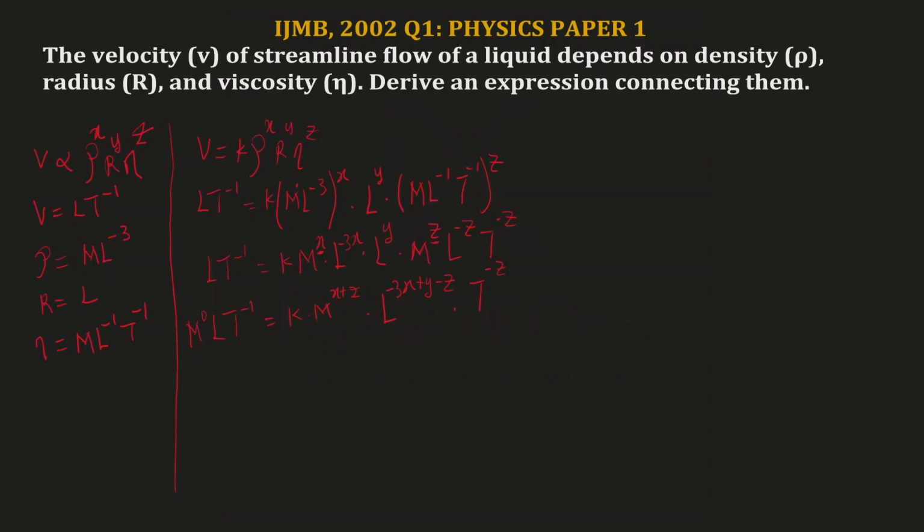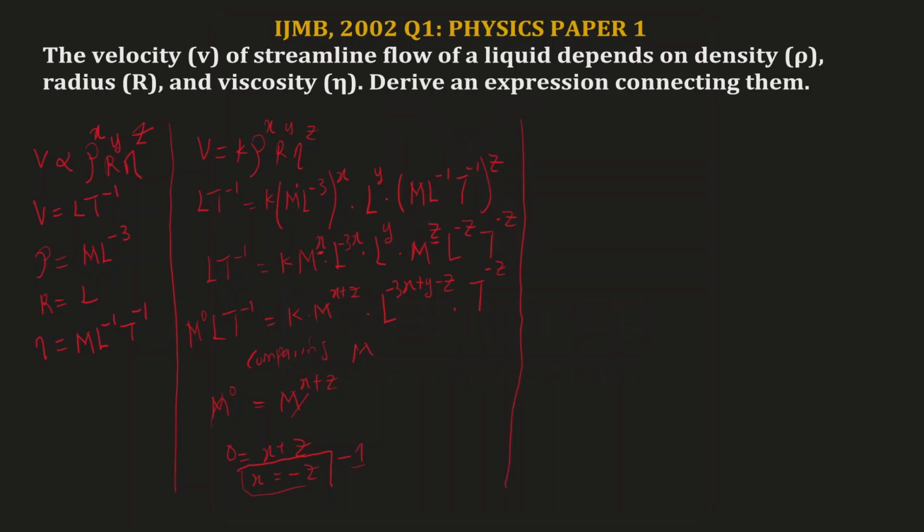Going forward, the next thing we'll do is compare each of the parameters on both sides. So comparing for M, we have M to the power of 0 equals M to the power of x plus z, right? So M cancels M, meaning 0 equals x plus z, which means the same thing as x equals negative z. We make this our equation 1 because you cannot solve further from here.